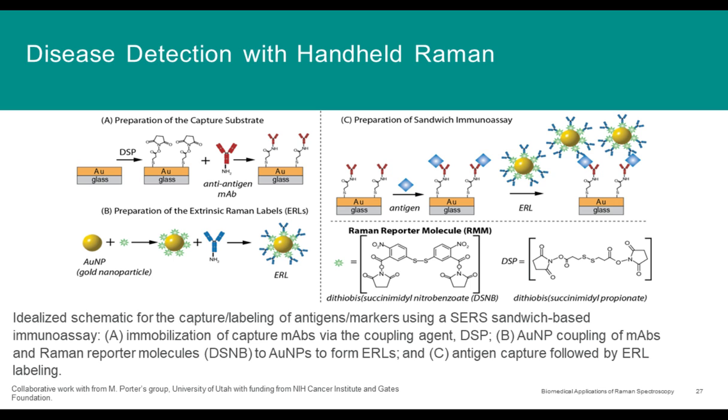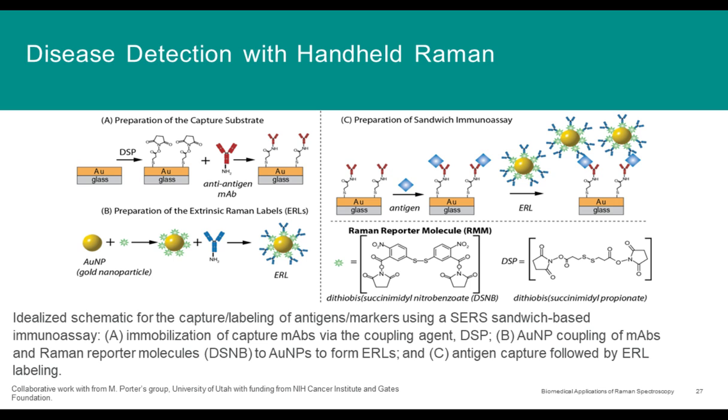This type of test is based on the binding of the antigen to the antibodies. To prepare this test, they first had to load the capture antibody, the anti-antigen MAB, the red antibody on the upper left part of the screen, onto the glass and gold film support using a coupling agent, which is the DSP.